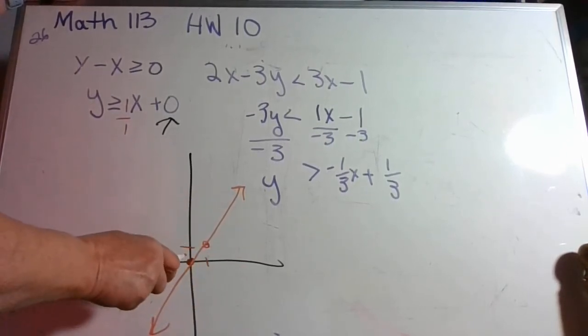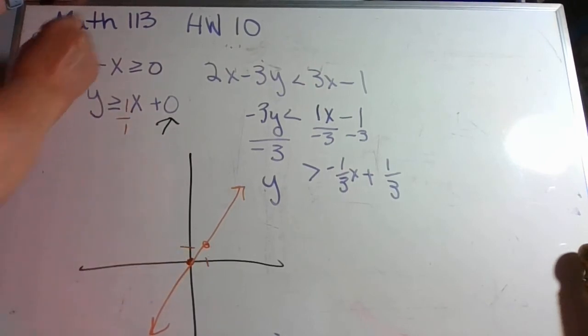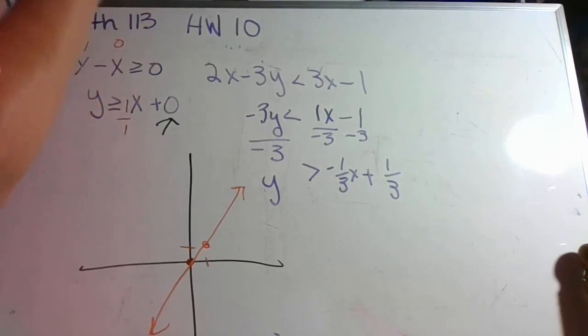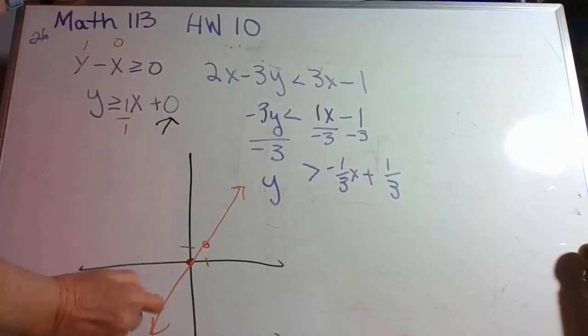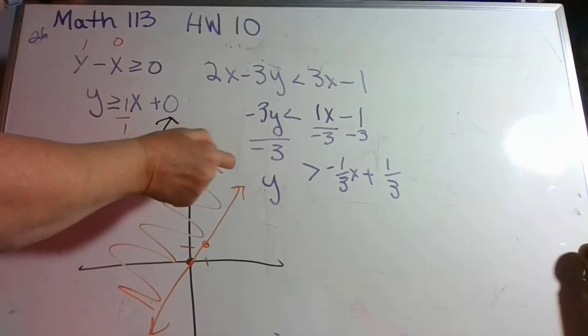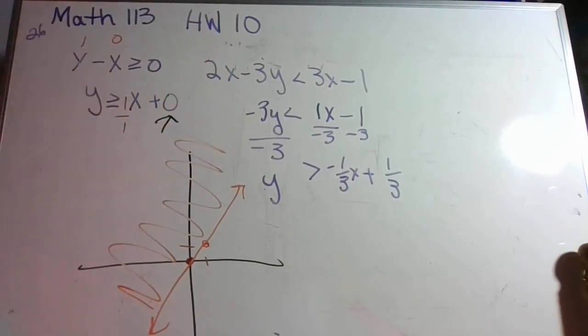So I'm going to use something really simple like 0, 1. So I'm going to put 0, 1 up here. 1 subtract 0. Is 1 bigger than 0? Yes. So I'm going to color in up here. Okay, make sure I've done that right.